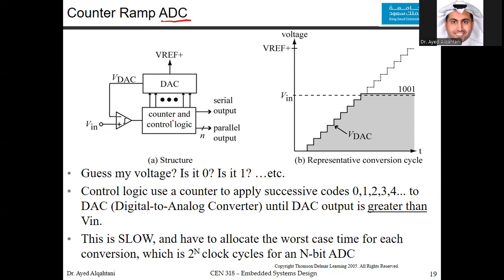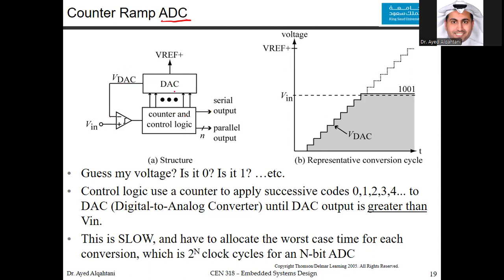You can implement a counter in hardware, and you get the value of the counter either in parallel or serial. It's up to you. Also, this value is given to a digital to analog converter to convert the digital value back to analog as well.